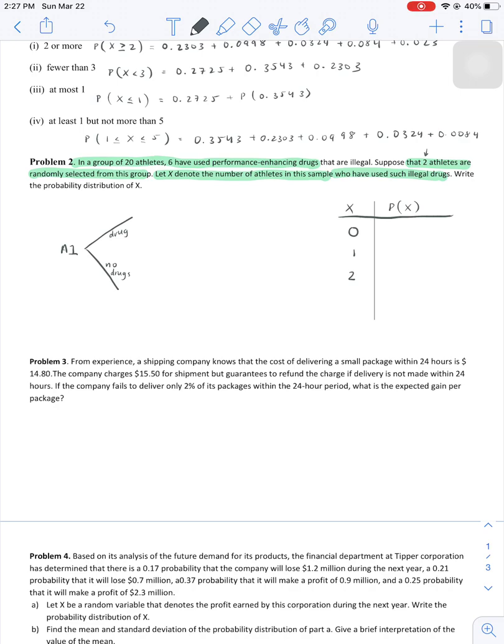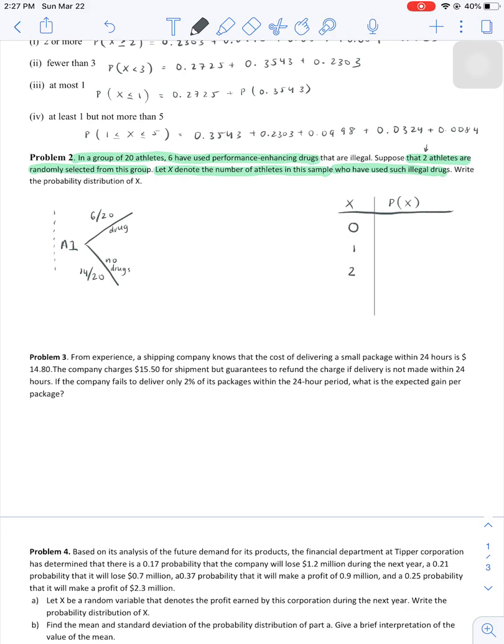So we're given that out of the 20 athletes, 6 of them used the performance-enhancing drugs. So the probability that the first athlete took the performance-enhancing drugs is then 6 out of 20. And then the probability that he didn't is just the opposite: 1 minus 6 out of 20, which is 14 out of 20.